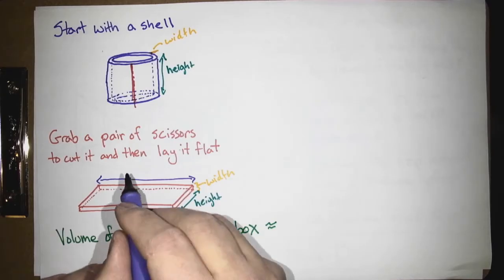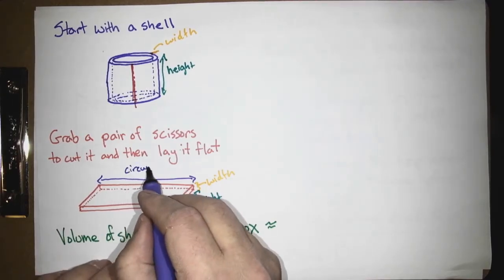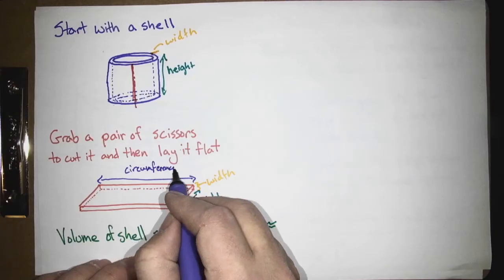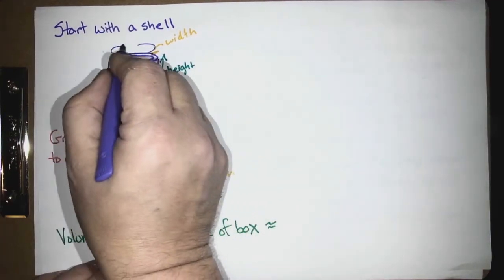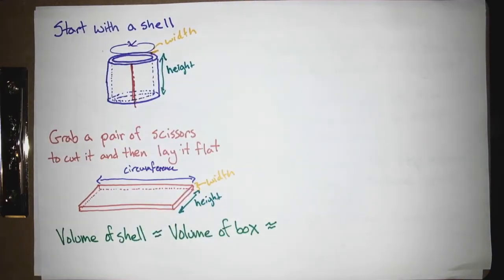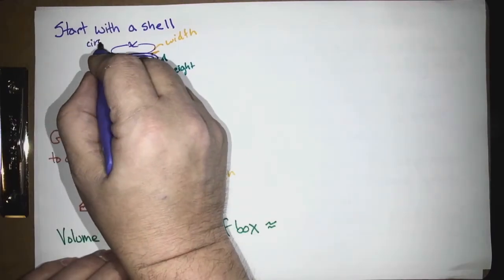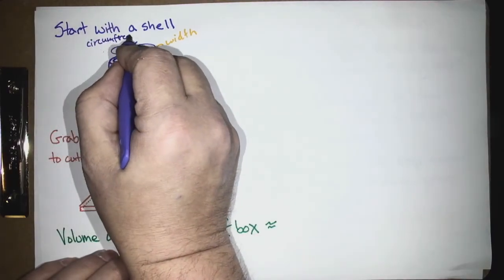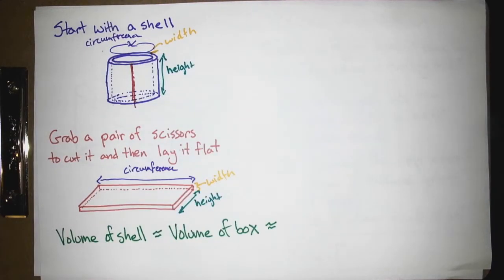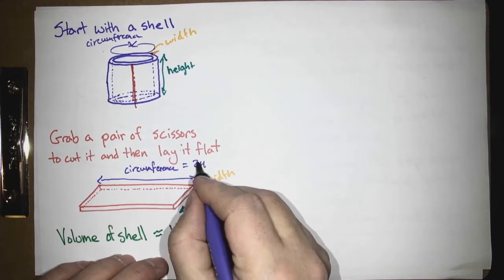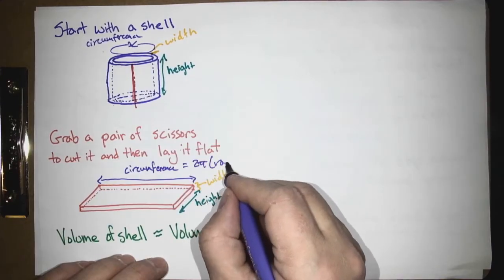You can think of it as circumference. Right. It was what you do if you would go all the way around. So that's your circumference. Now, this is circumference of a circle. What's another way to say circumference of a circle? 2 pi radius. Good. 2 pi times your radius.